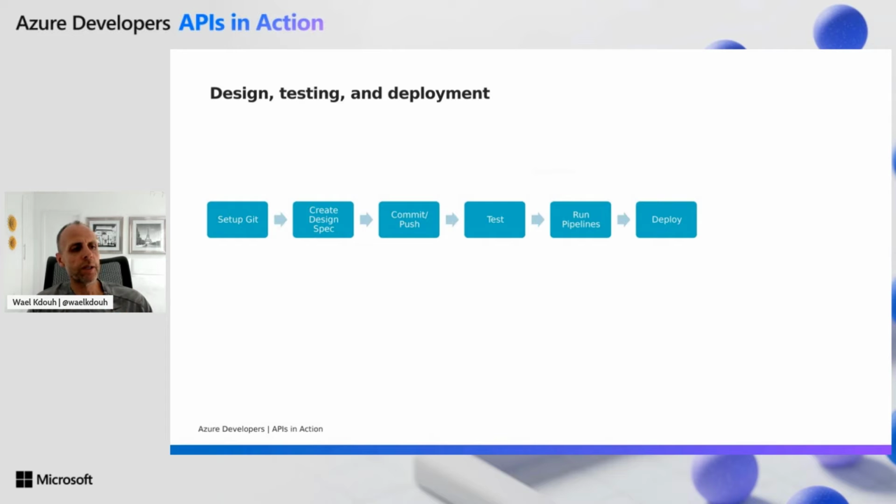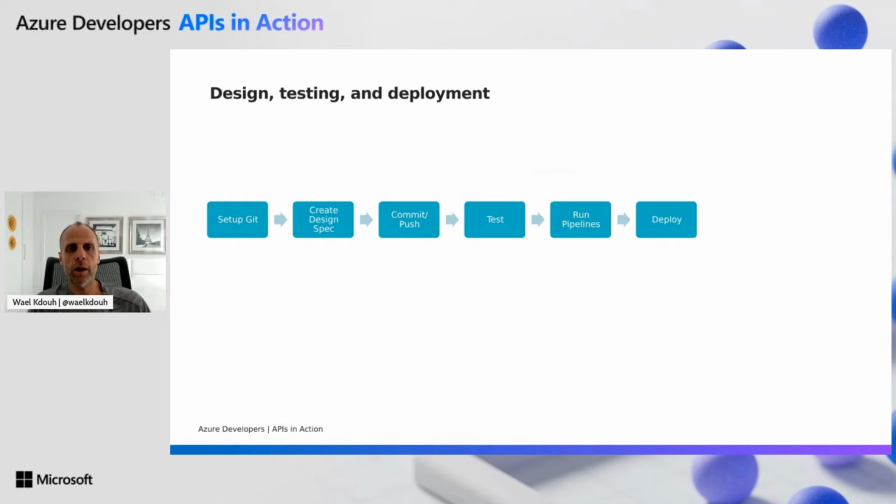In terms of the design, testing, and deployment, because GitOps is at the heart of everything that we did with APIOps, it all starts, obviously, with having a source control, Git source control. That's going to be your source of truth. And then you as a developer, say, for instance, you're sitting inside your favorite IDE, that could be, for example, something like VS Code.